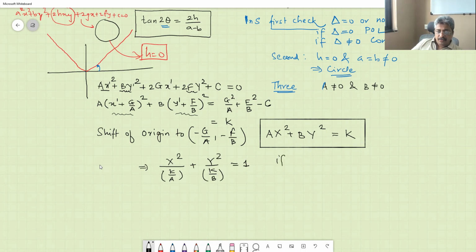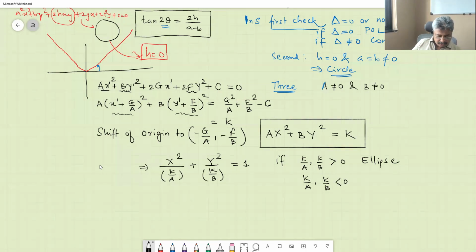Now if k by a and k by b are greater than 0, ellipse. If k by a and k by b, both of them are less than 0, imaginary ellipse.